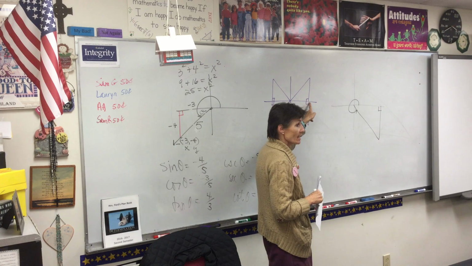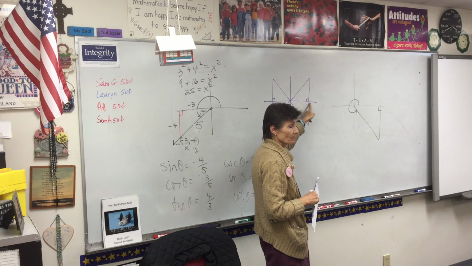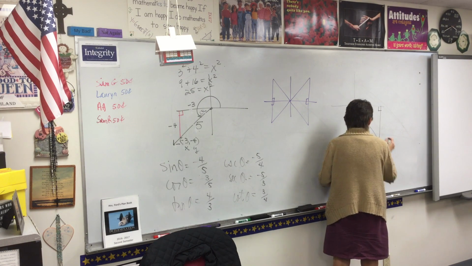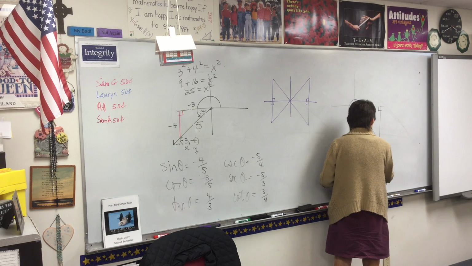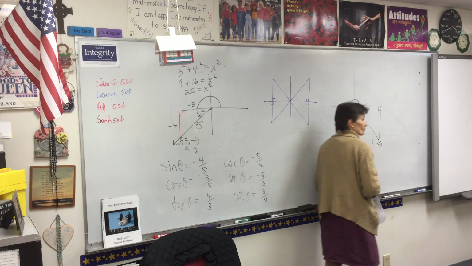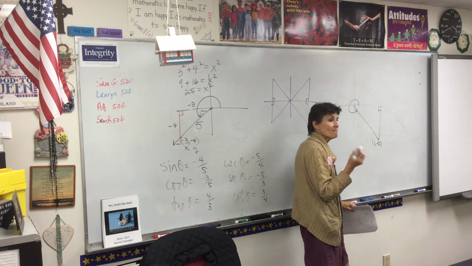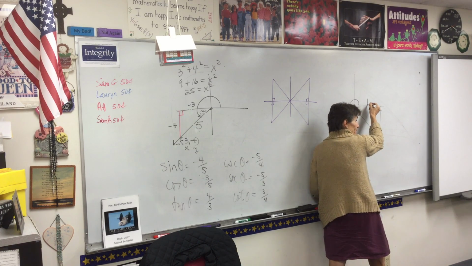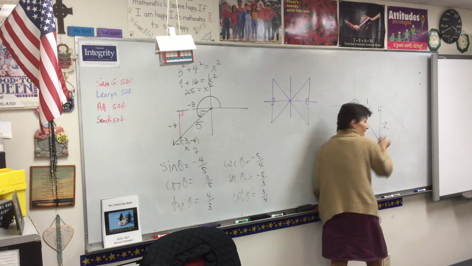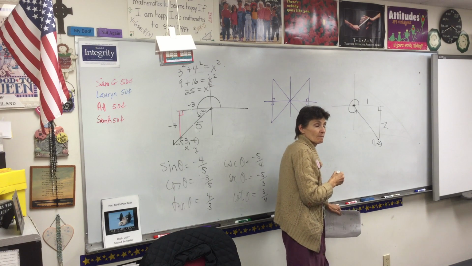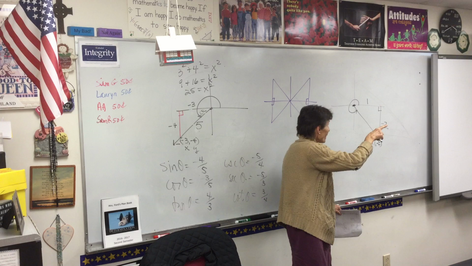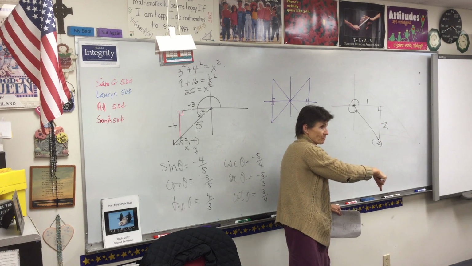It always goes to the x-axis. This time, I know this point is 1, negative 2. So what does that mean? Here's the origin. That means this is 1, and this is negative 2. That makes sense, doesn't it? X would be a positive number, and Y would be a negative number.